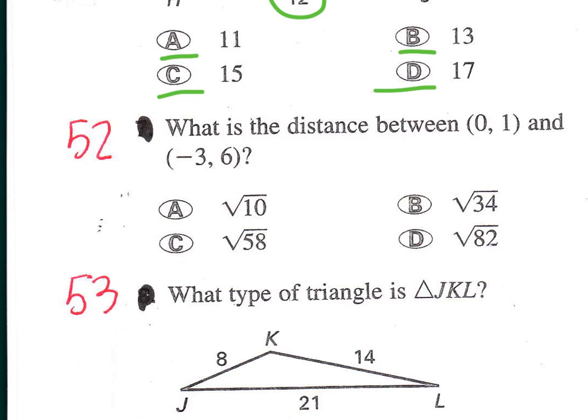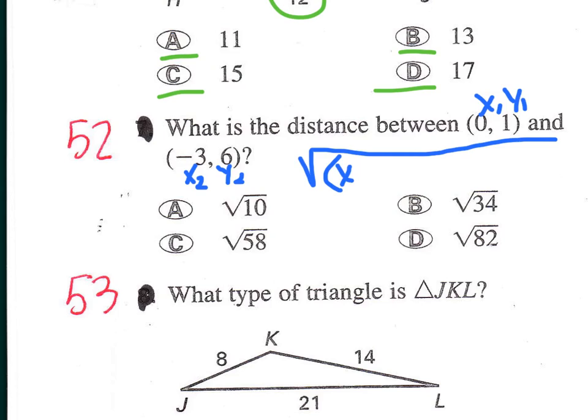Okay, guys, number 52. You got to find the distance between these 2 points. So if this is your x1, y1, this is your x2, and your y2. Use the distance formula. I'll write it again here for you. You subtract these x's and square it, and then add that to subtracting the y's and squaring it, all underneath the radical.